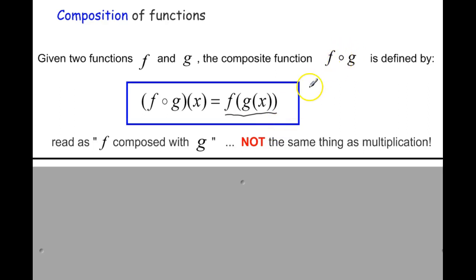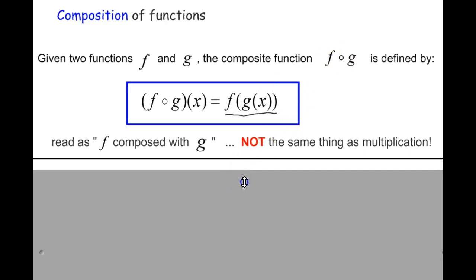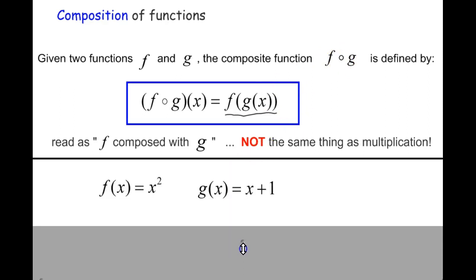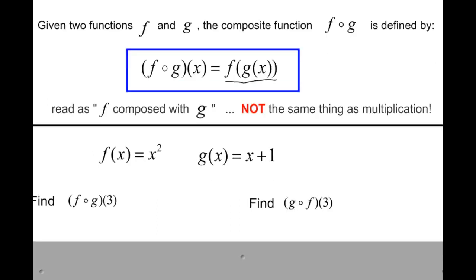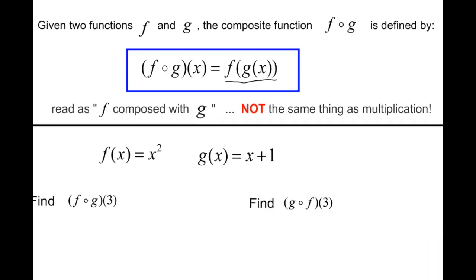It's a little composition symbol there. It's not multiplication. It's composition. We're composing two functions. We're putting a function inside of another function. So we're going to try this and see what happens. And you just kind of have to work order of operations, like you do the inside part first, basically.